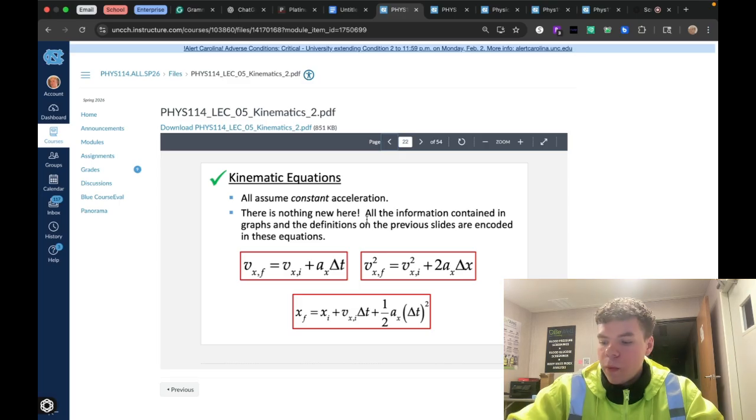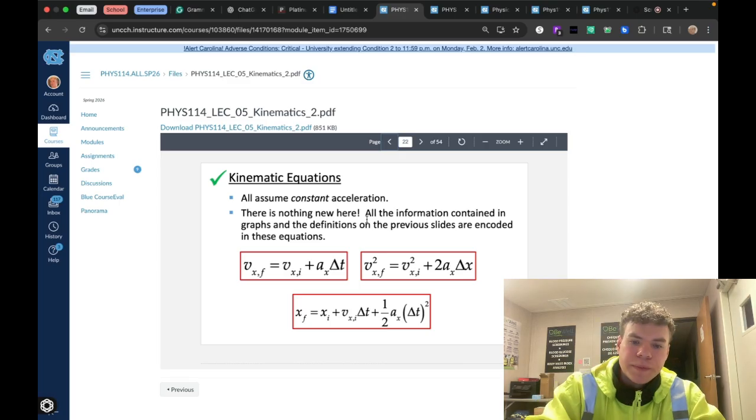And then this bottom one here is displacement final equals displacement initial plus initial velocity multiplied by change in time plus 1/2 acceleration multiplied by change in time squared.